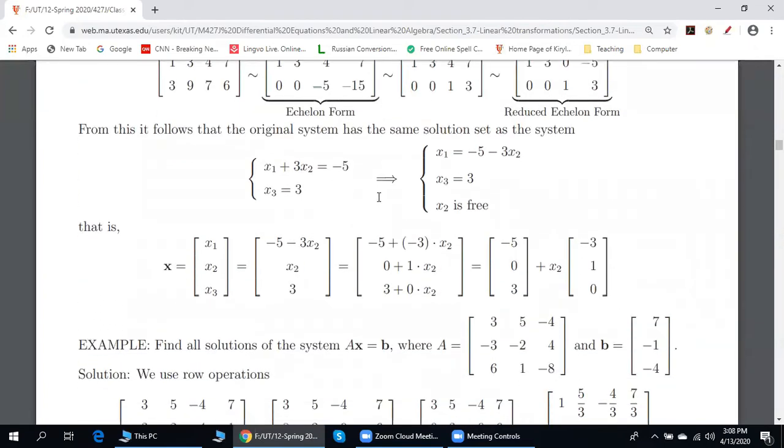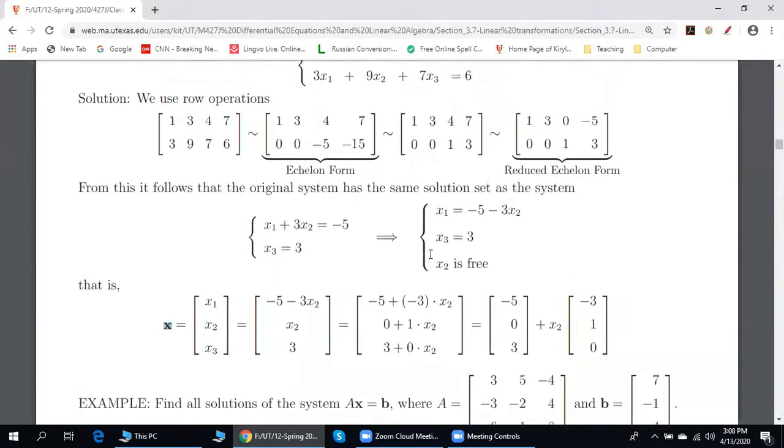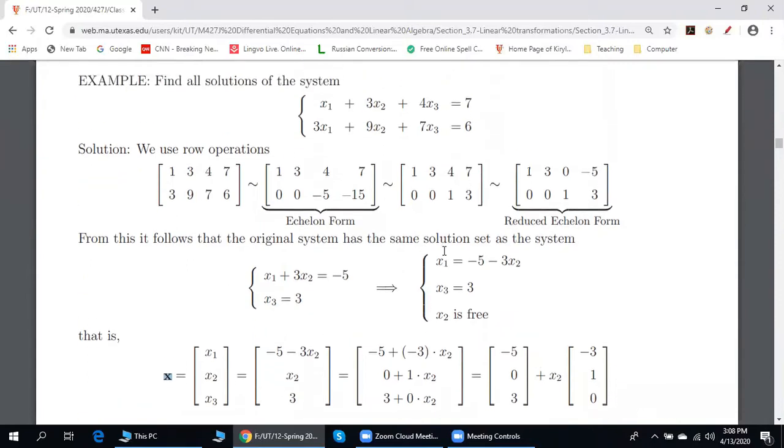But now let us continue. I want to show you the structure of the general solution of our system. Here's what we do. We start with boldface x. Boldface x denotes the general solution of our system.